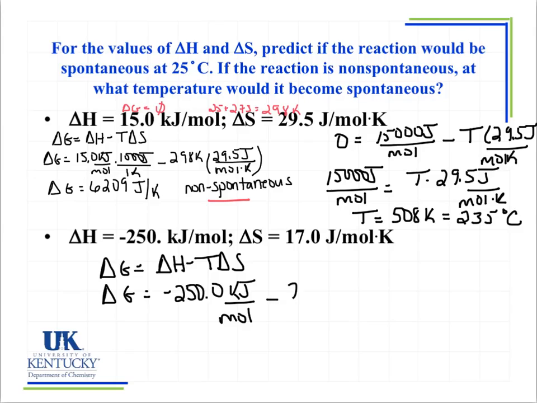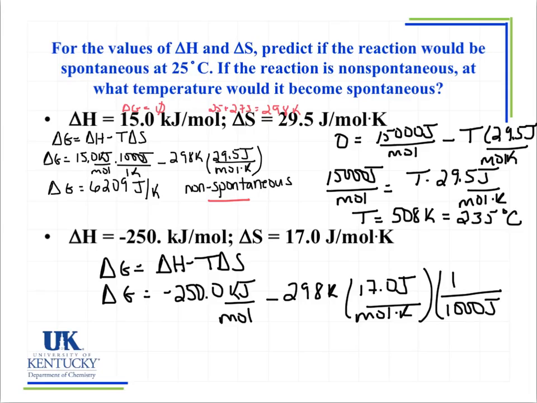So I have minus 298 Kelvin times 17.0 joules per mole Kelvin. And I'm going to convert that joules to kilojoules. So 1,000 joules is 1 kilojoule. And when I solve for my delta G value, I end up with minus 255 kilojoules per mole.